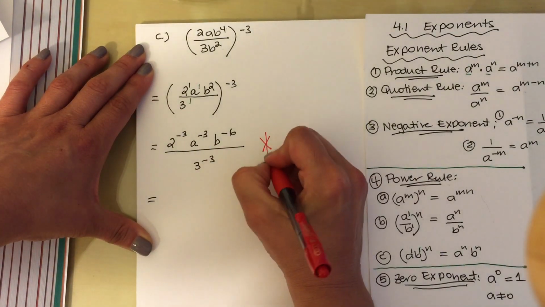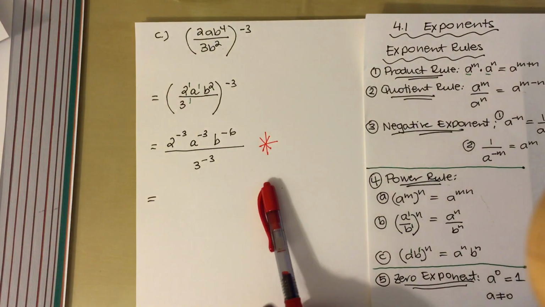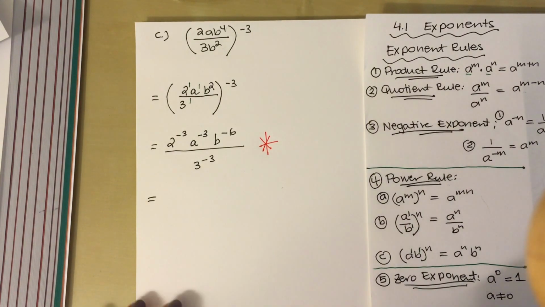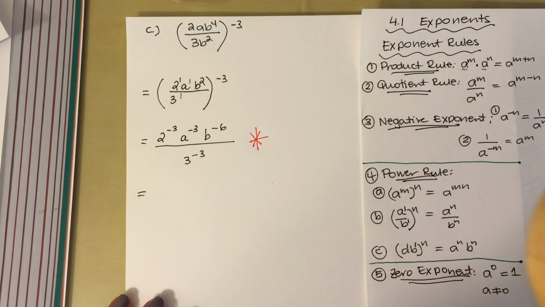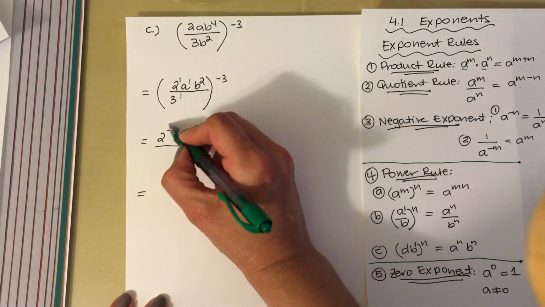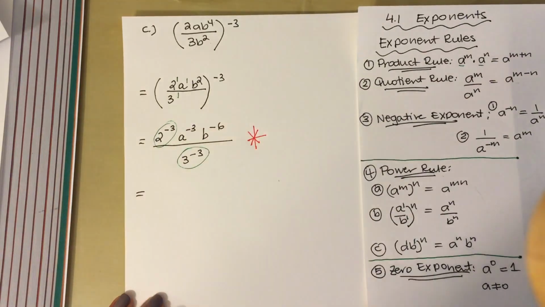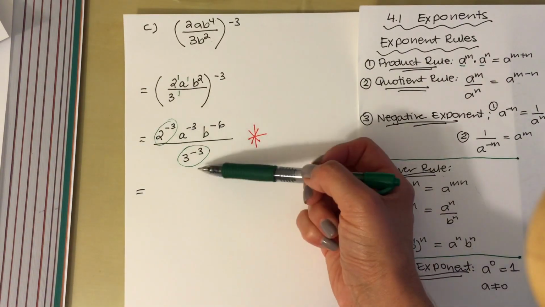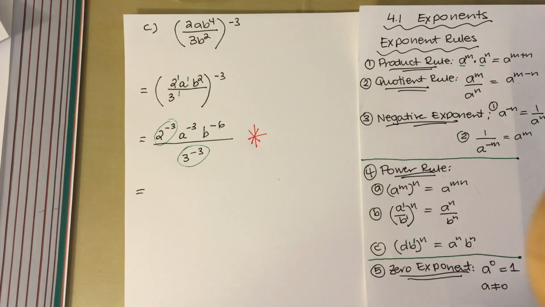At this point, you have to be careful. This is a place where a lot of students make mistakes. They automatically calculate these two values right here. They calculate what these two are equal to, but you actually do not want to do that. What you do want to do is rewrite the whole problem so all the exponents are positive.